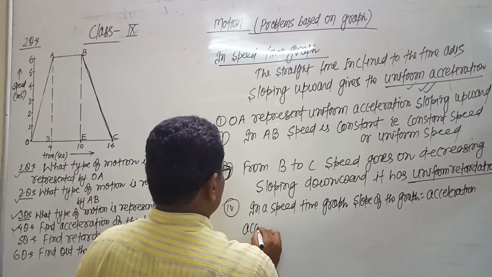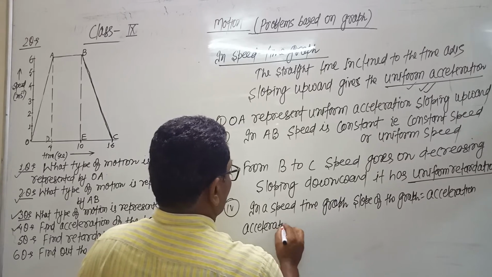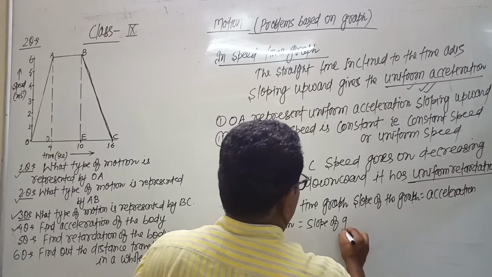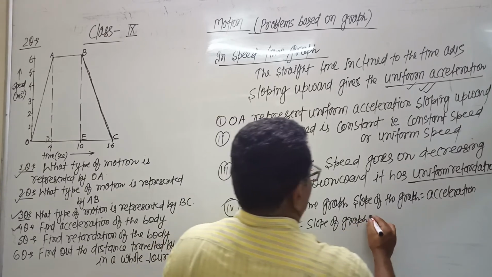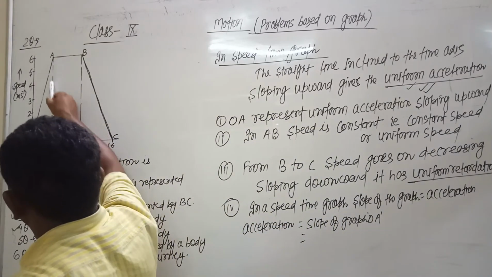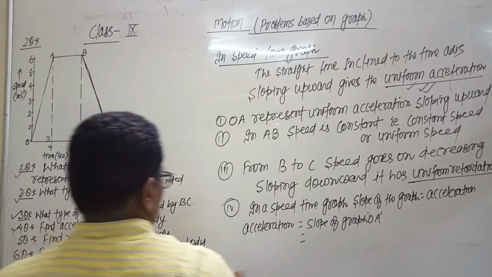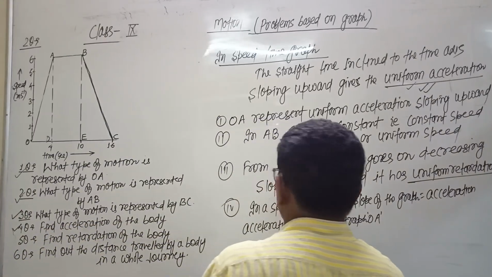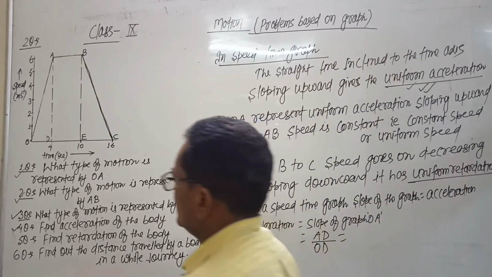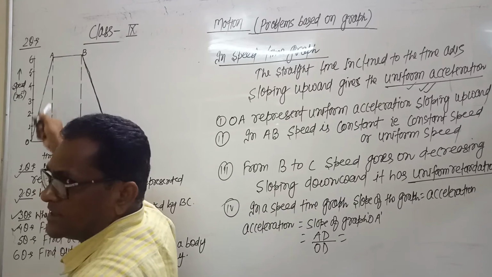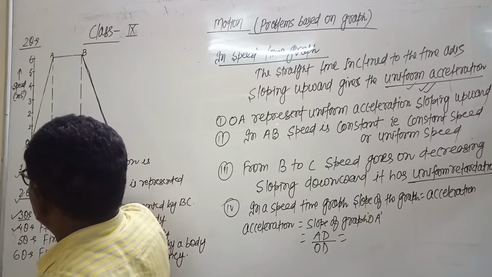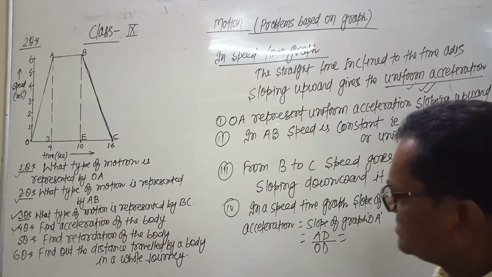So acceleration equals the slope of graph OA. Slope is perpendicular upon base, that is AD upon OD. AD is from 0 to 6, which means 6 meter per second, and time is 4 seconds.